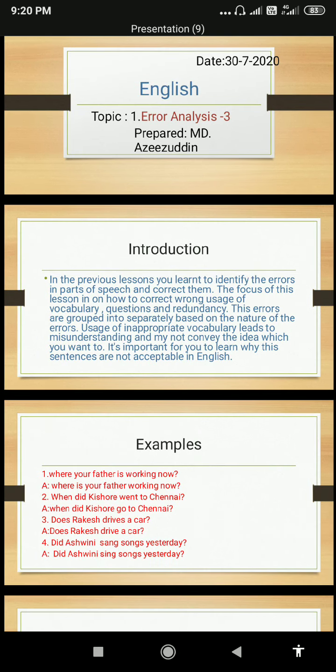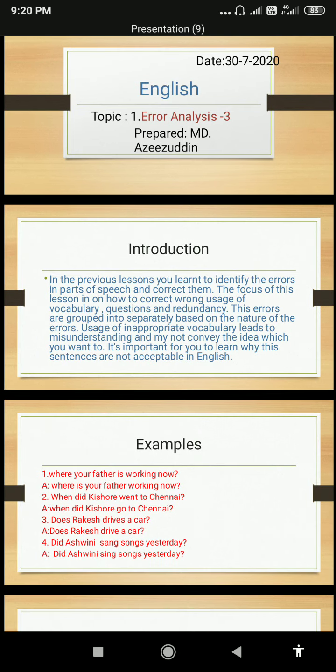"Sang" is wrong here. Whenever we use "did" in interrogative forms, the base form should be written. What is the base form of sang? Sing. For that reason we should write it as "Did Ashwini sing songs yesterday?"